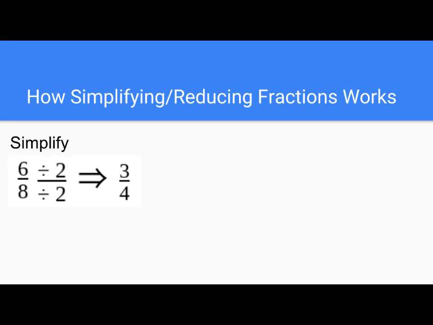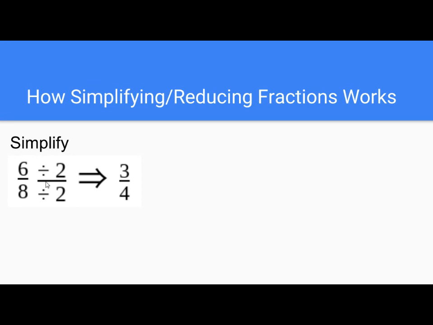And the reason we can do that is because 2 divided by 2, 2 over 2, this fraction here, is just 1. So really, we're doing 6/8 divided by 1. 6/8 divided by 1 is just 6/8. Nothing changes when you divide by 1.